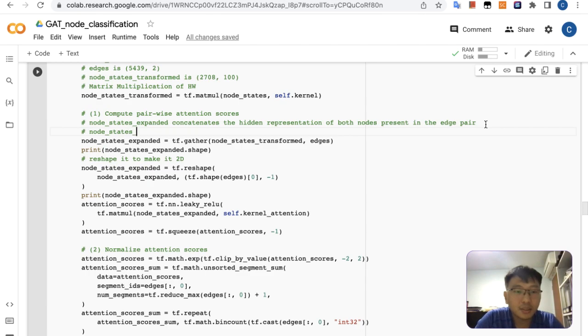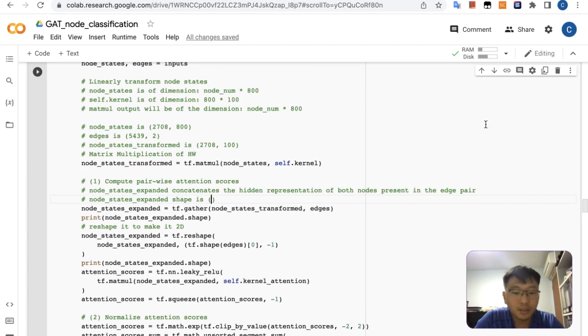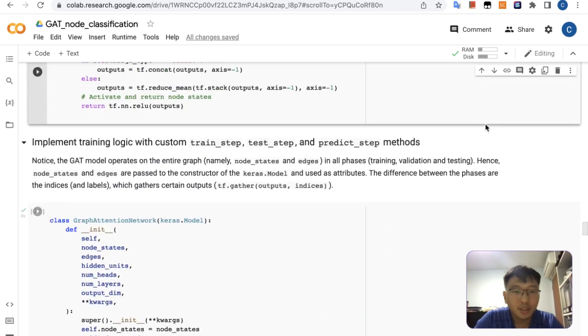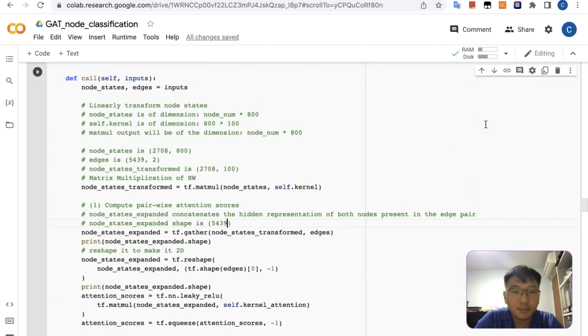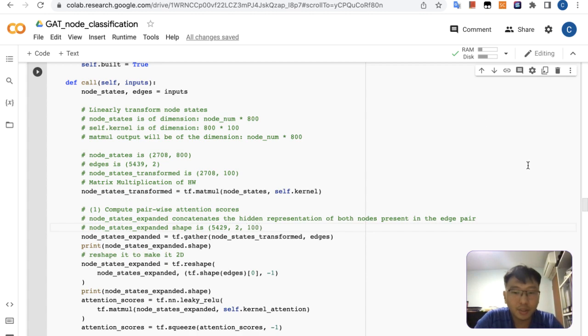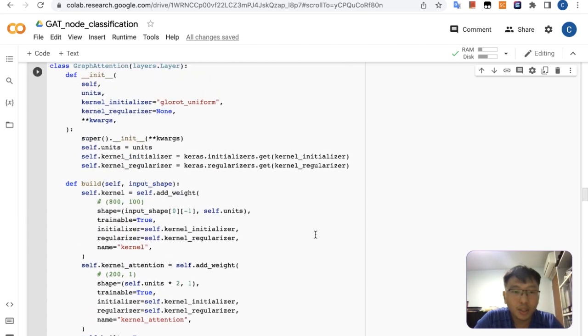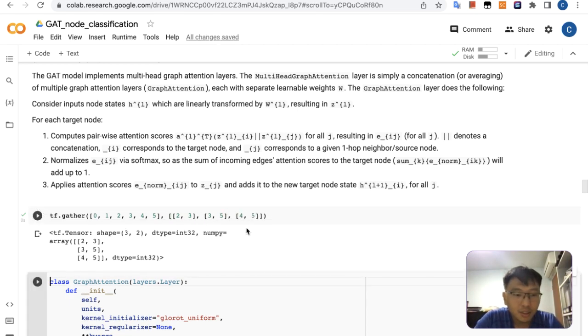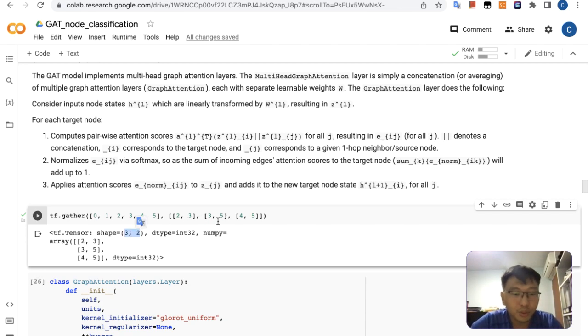So node states expanded shape is 5429 by 2 by 100, because it is having two indices over here by 100 different hidden representations.